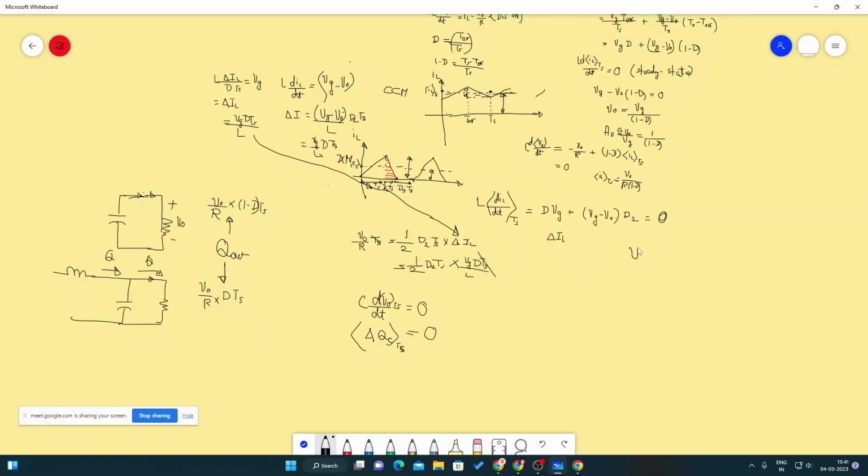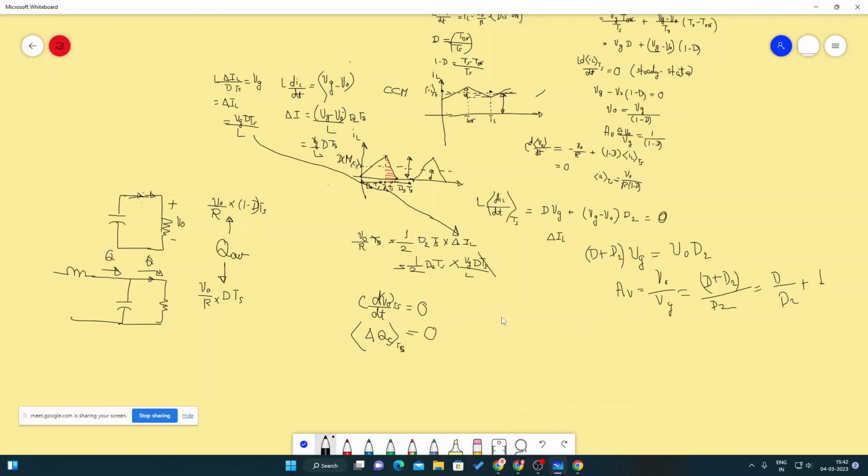So we can write Vg is equal to V out into D2, and on the Vg side it will be D plus D2. So I can write AV, that is V out by Vg, equals D plus D2 whole by D2, or I can say this to be D by D2 plus 1.